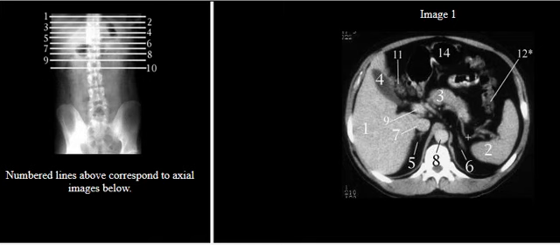The blood supply to the small bowel and the ascending colon is mainly derived from the superior mesenteric artery.